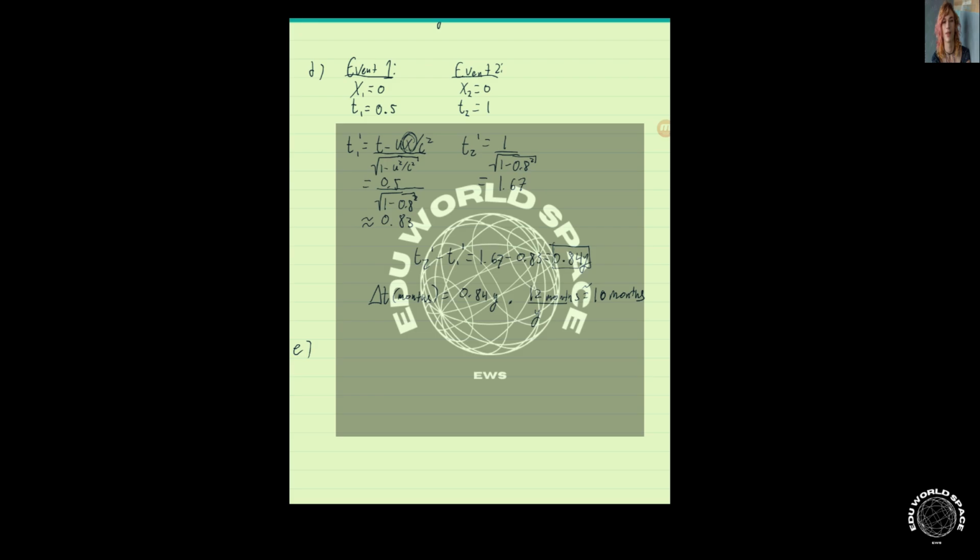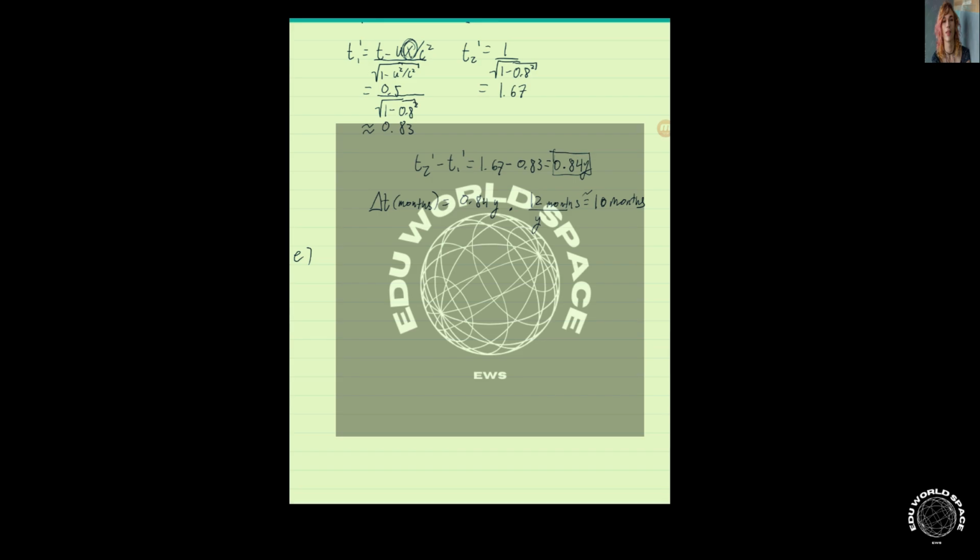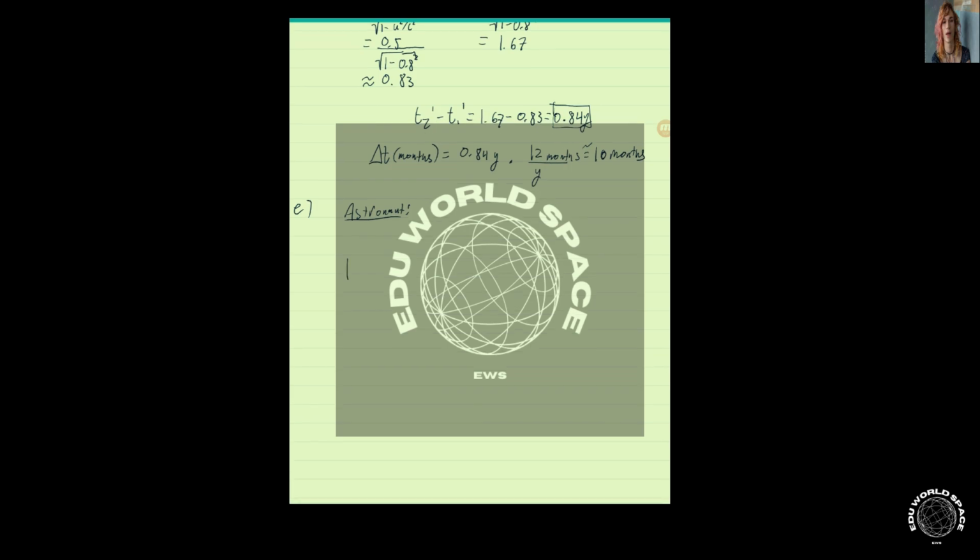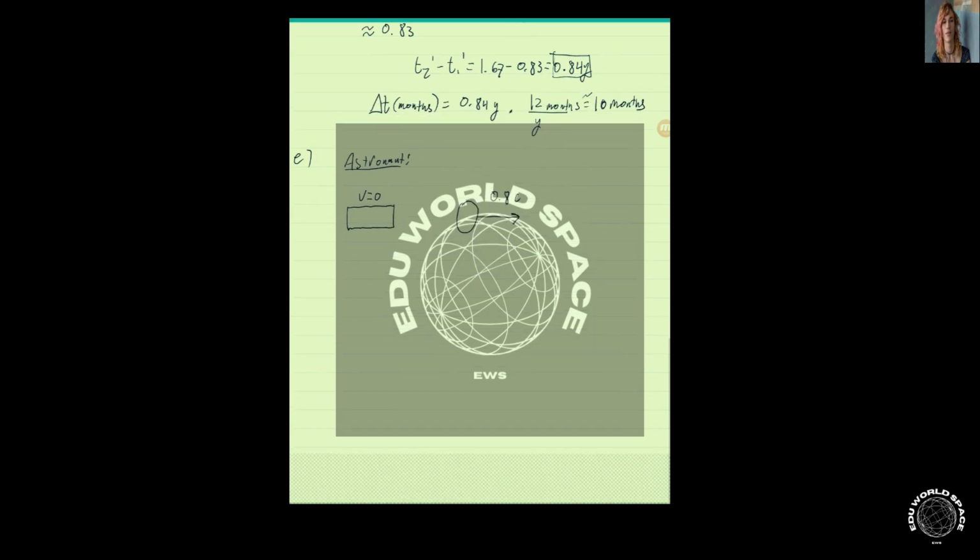But keep in mind that according to the astronaut, he is not moving. He is stationary, and the Earth is moving away at a speed of 0.8 c.